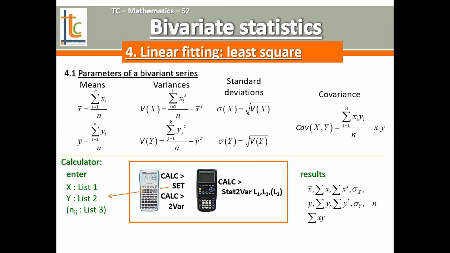You can recognize the means, x bar, y bar, so you don't have to calculate a mean. You can see the standard deviations, so you don't have to calculate the variances and then the square root of them.